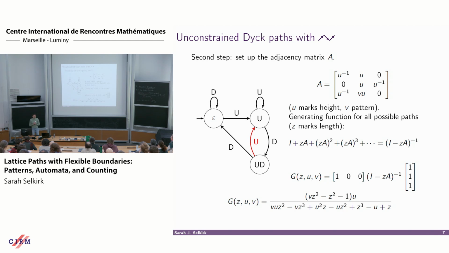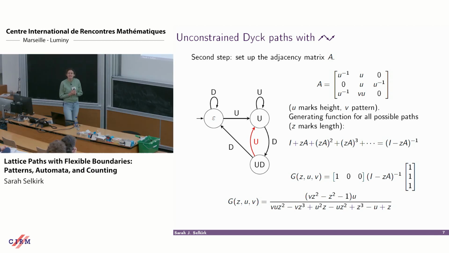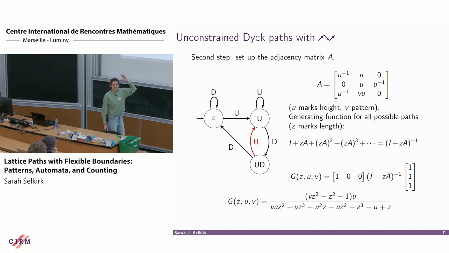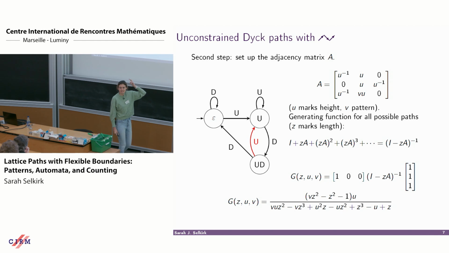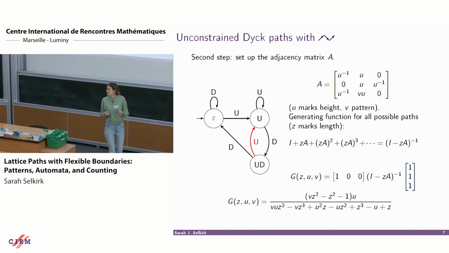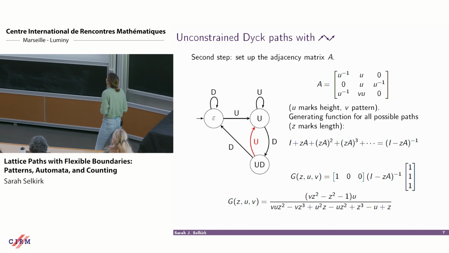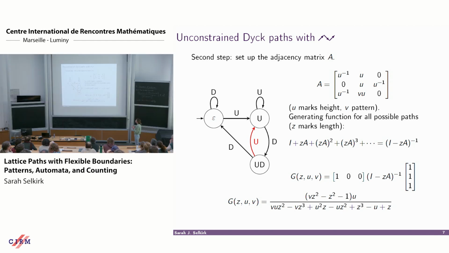However, at this point, what you are probably thinking to yourself is, okay, that's very nice, but at no point have we handled any non-negativity constraints. So this is very nice for getting unconstrained Dyck paths or Dyck walks. But now we want to add in this non-negativity.